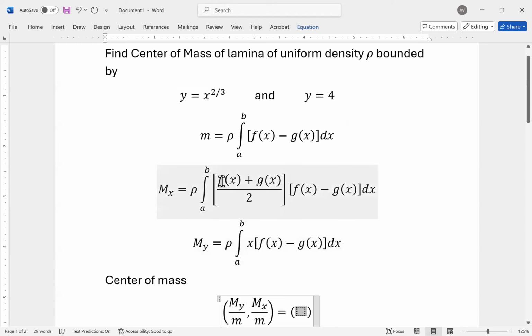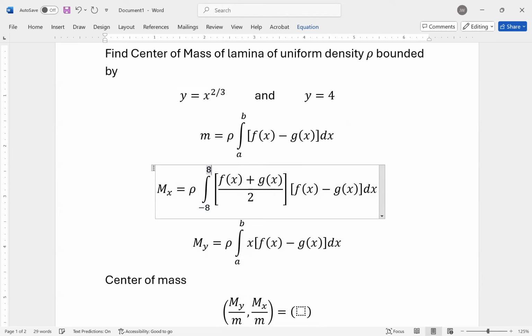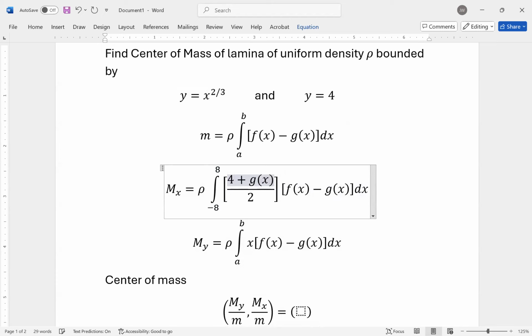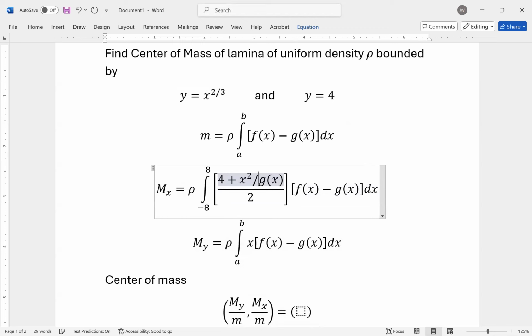And again, I'm going to start with the most complicated ones. I'm going to integrate from -8 to +8. My f is my top function, that's 4, plus my bottom function is going to be x to the 2/3 power.